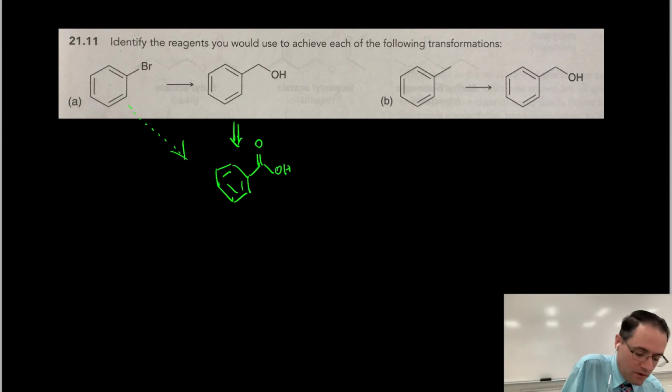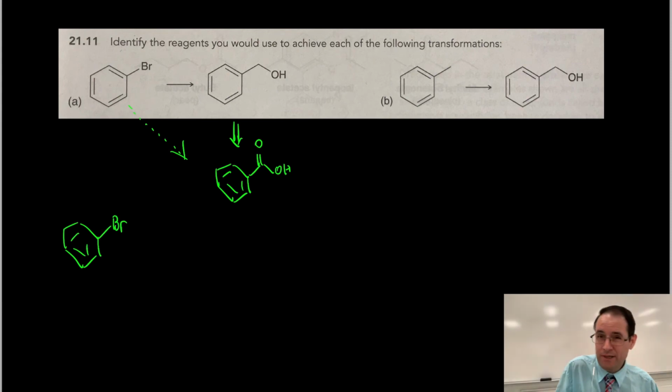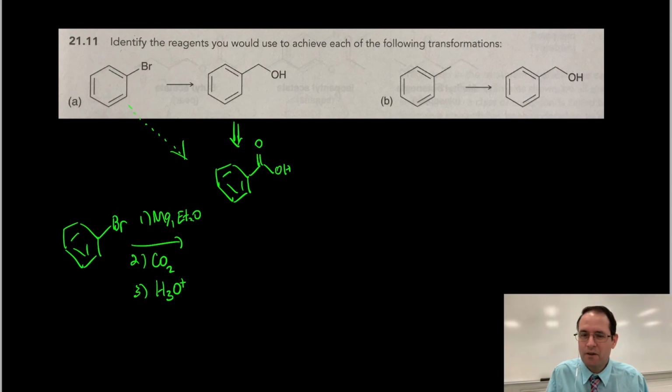So the way we would do this is we would take the halogenated aromatic ring. And remember, cyanide won't react with this because it's aromatic. What we want to do is treat this with magnesium in diethyl ether. We would want to add some dry ice, for example, and then acidify the reaction mixture with aqueous hydrochloric acid or something like that.